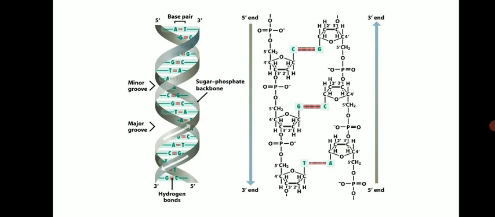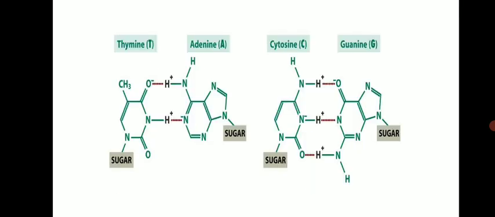In this slide you can see the double stranded structure of DNA. The two antiparallel strands are joined by normal base pairing between nitrogenous bases: adenine pairs with thymine and cytosine pairs with guanine.